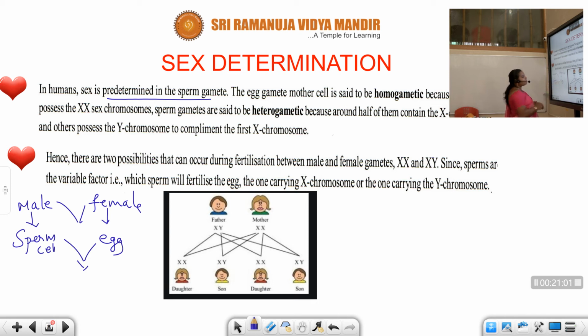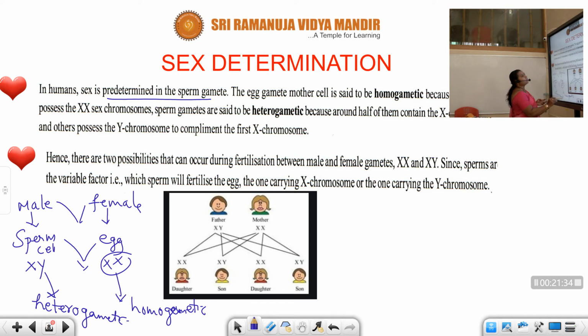These two gametes: the sperm cell has the condition of XY, whereas the egg cell always has the condition of XX. We'll call this homogametic, because here both are X. This condition is called homogametic, whereas this we'll call heterogametic.